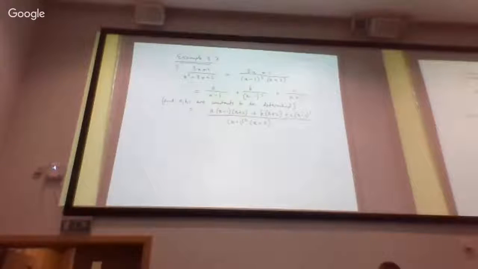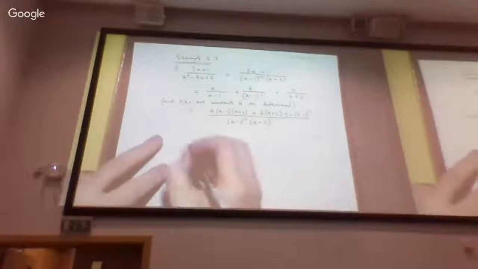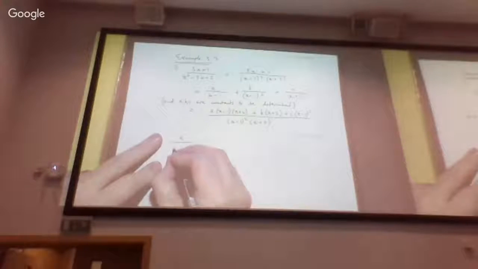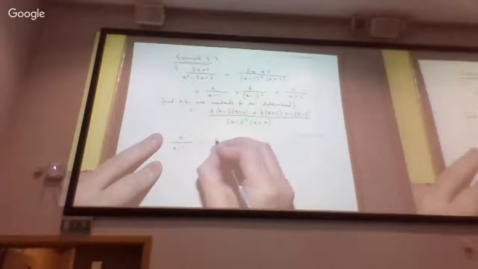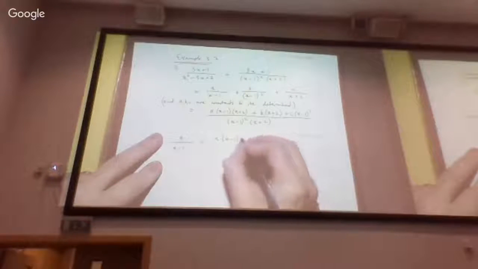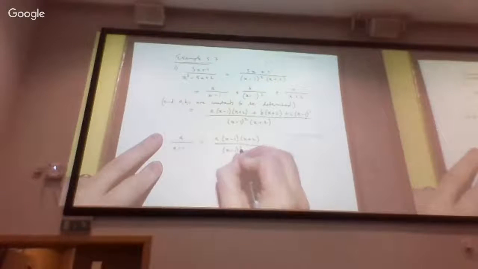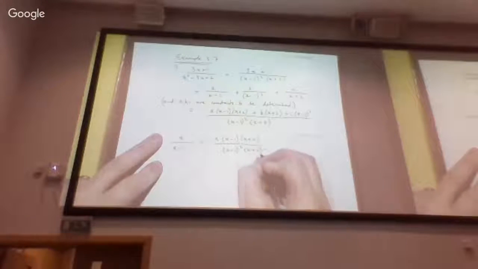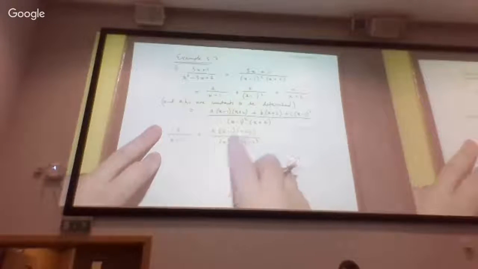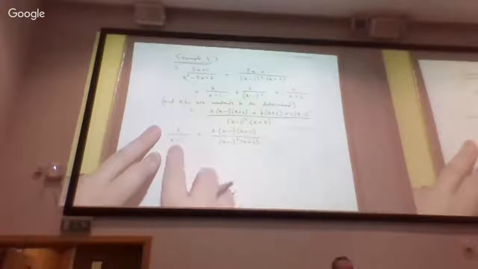So I've just done a separate sheet. If you have a over x minus 1, what I'm saying is this is a times x minus 1 times x plus 2 all over x minus 1 squared times x plus 2. Okay? And because these cancel off, we leave just x minus 1 in the denominator.